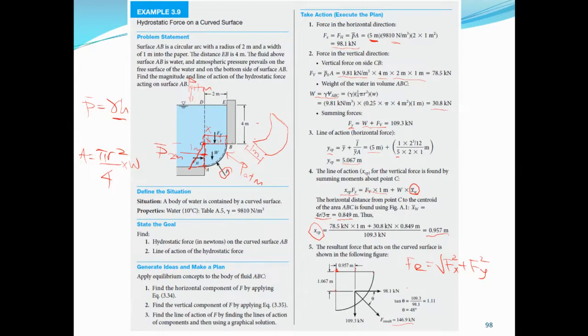Theta is now 48 degrees. I hope it is clear. This is a very simple example to demonstrate how to find the hydrostatic force acting on a curved surface, and you need to understand all the steps very well. Okay, is it clear?